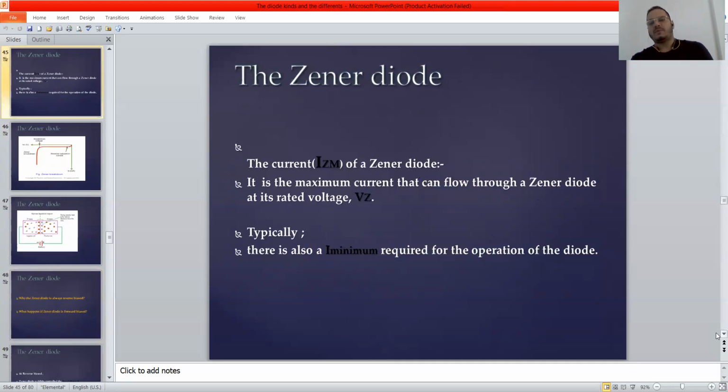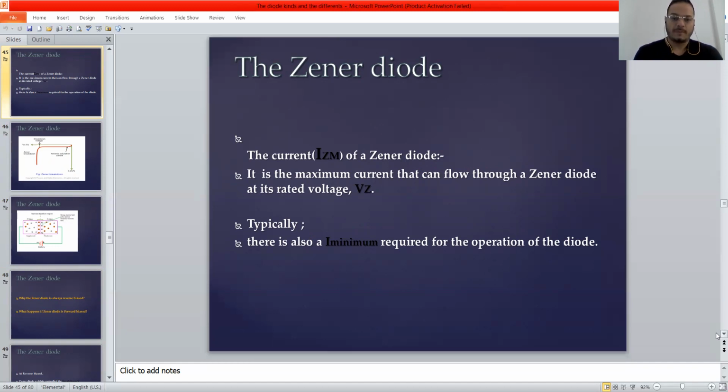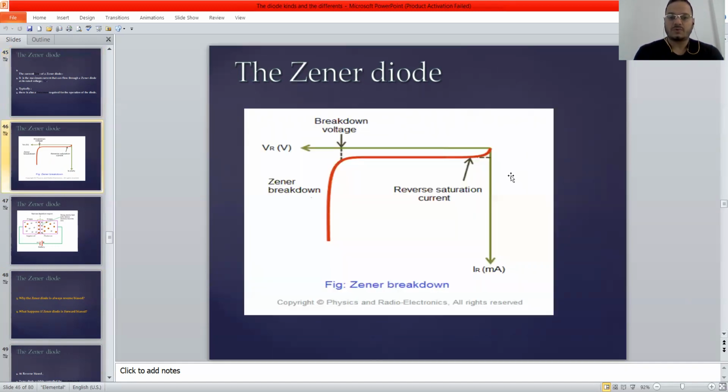Yes, we have a minimum current or saturation current like the ordinary diode, and the current IZM of the Zener diode is the maximum current that can flow through a Zener diode. It's rated voltage. Here, like the ordinary diode, the voltage values are different, but it actually has the same diagram.